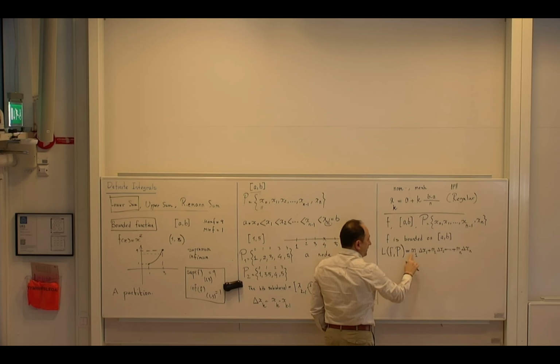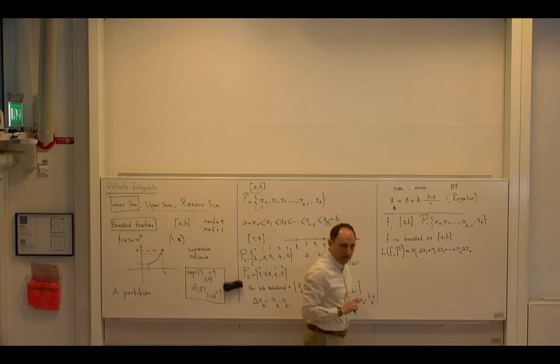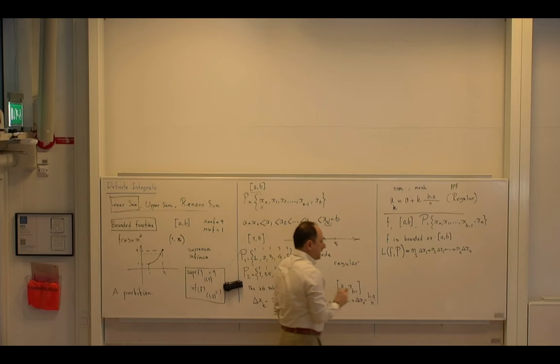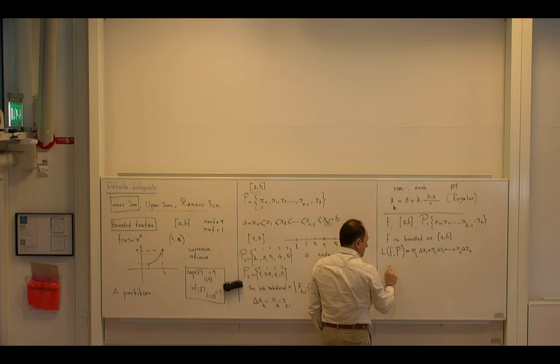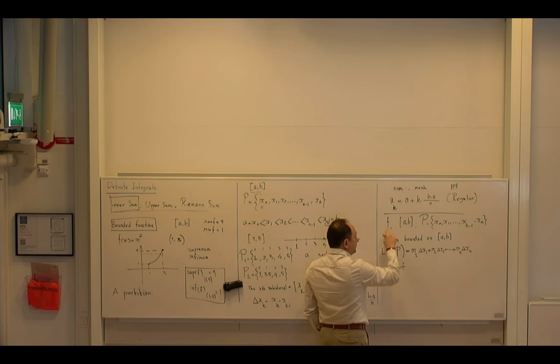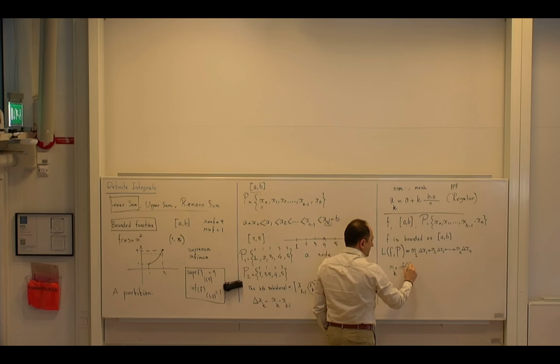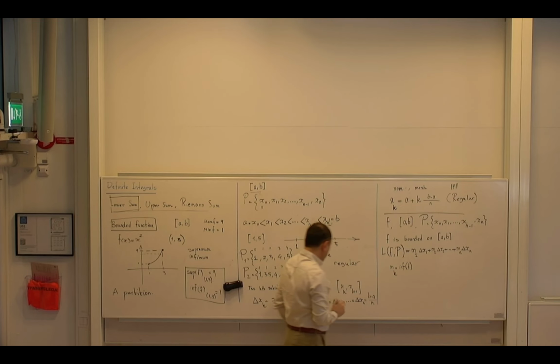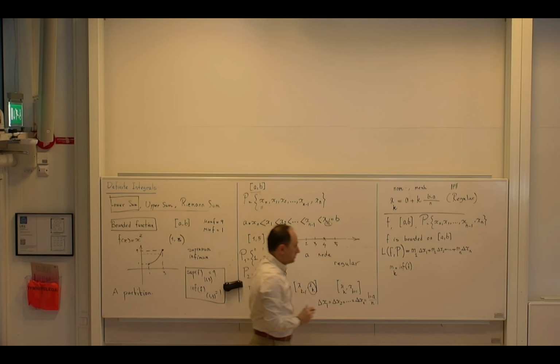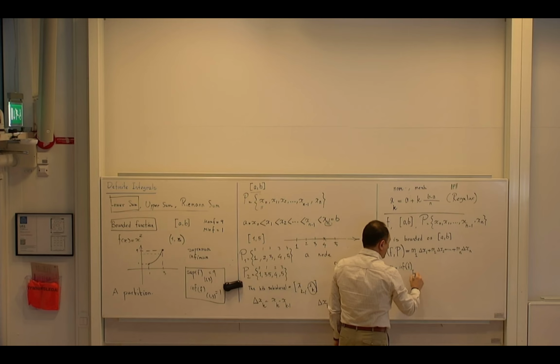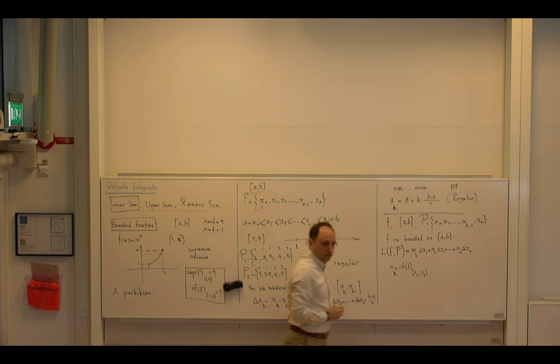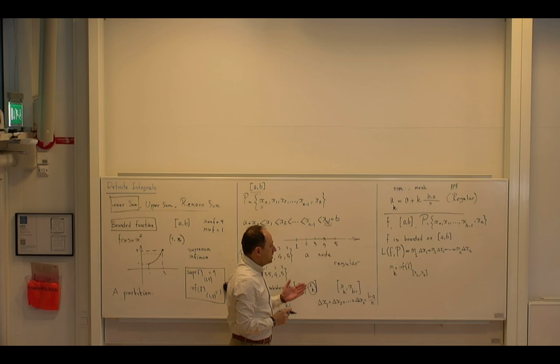So I have to tell you what I mean by these little m's. Let us take one of them, little m number k. Little m_k is the infimum of your function on the kth interval. That's the kth interval. I denote it like this, okay? You might ask why we are interested in this.